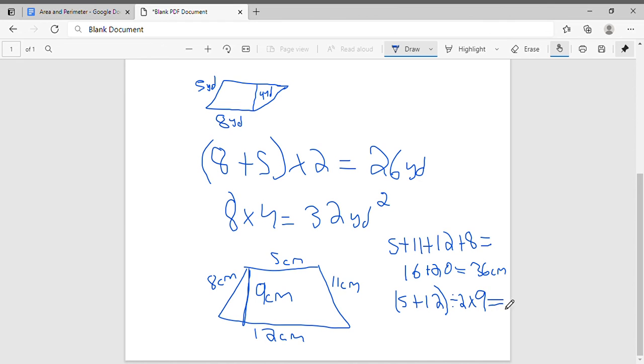Okay, so when we do this, first we'll get 17 divided by 2 times 9. When we divide by 2, we will get 8.5 times 9. And I'm going to need a little more space, so I'm going to be doing it over here, which is still in the problem area.